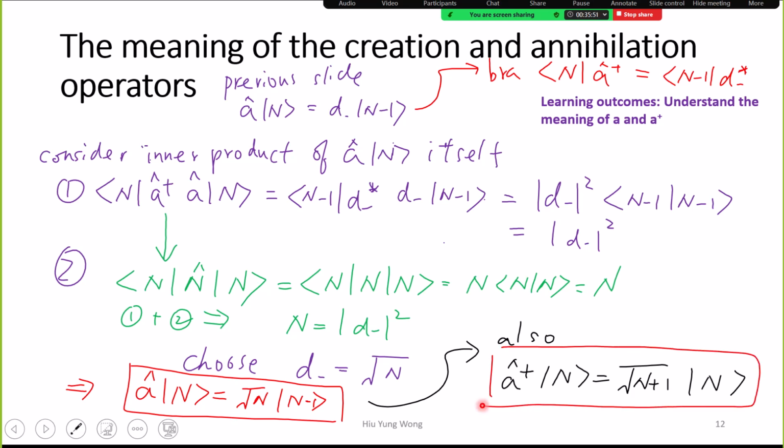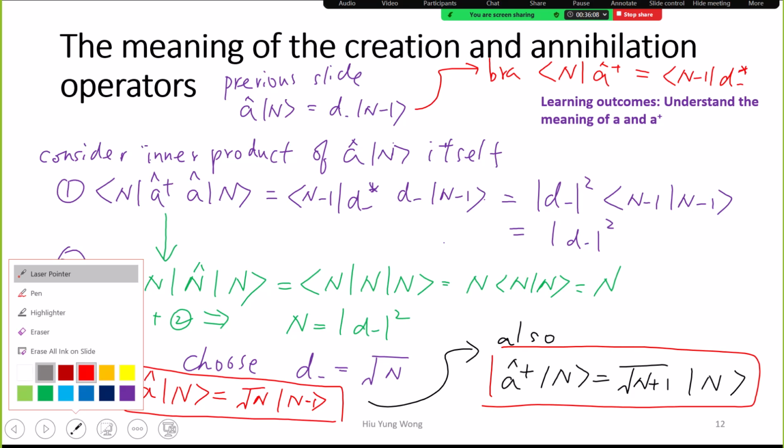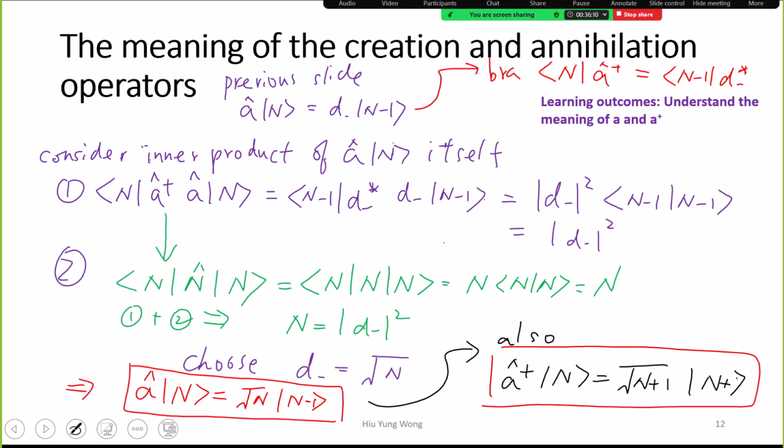Now, how do I memorize it? Definitely, if you apply A, you reduce the number, because the annihilation operator gives n minus 1. You apply A dagger, you increase it because it's a creation operator. So I make a mistake again, right? Should be plus 1. You create one more quantum of energy, right?